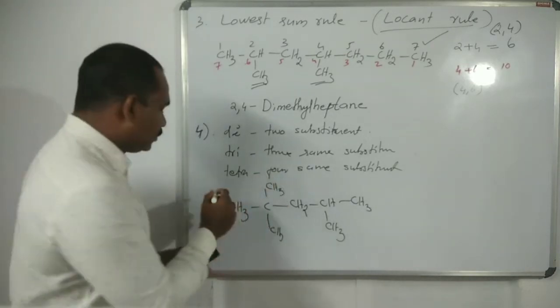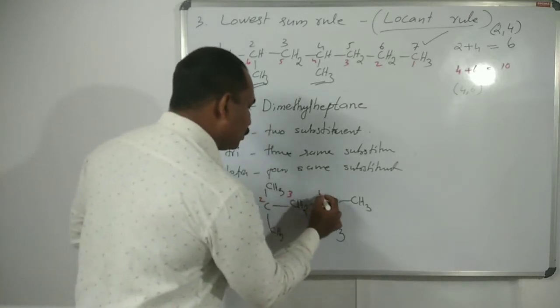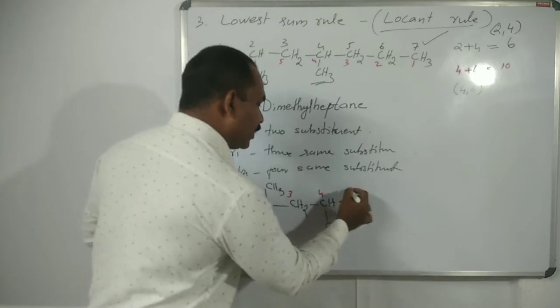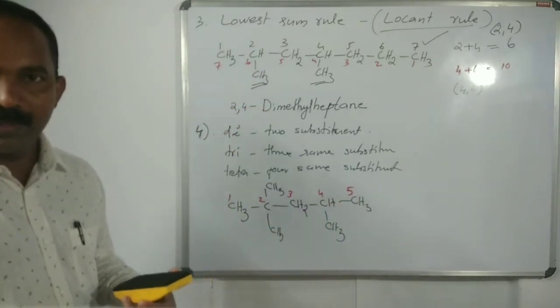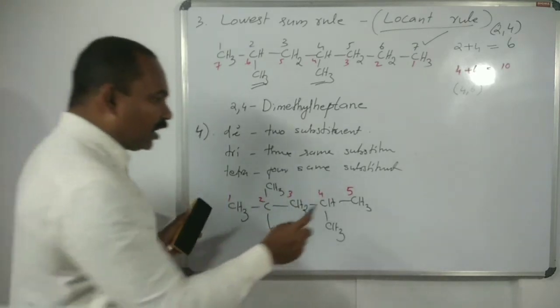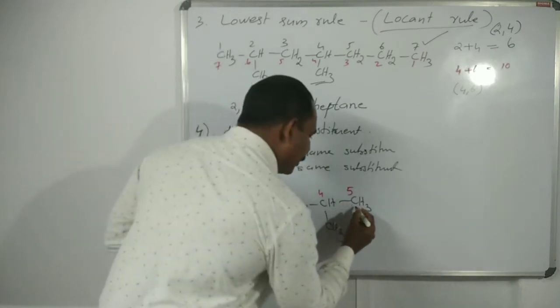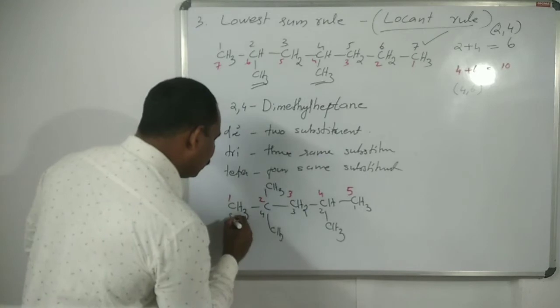Let's number 1, 2, 3, 4, 5. Both are the same, so 4, 5. This is numbering from left to right. And another possibility, number from 1, 2, 3, 4, 5.